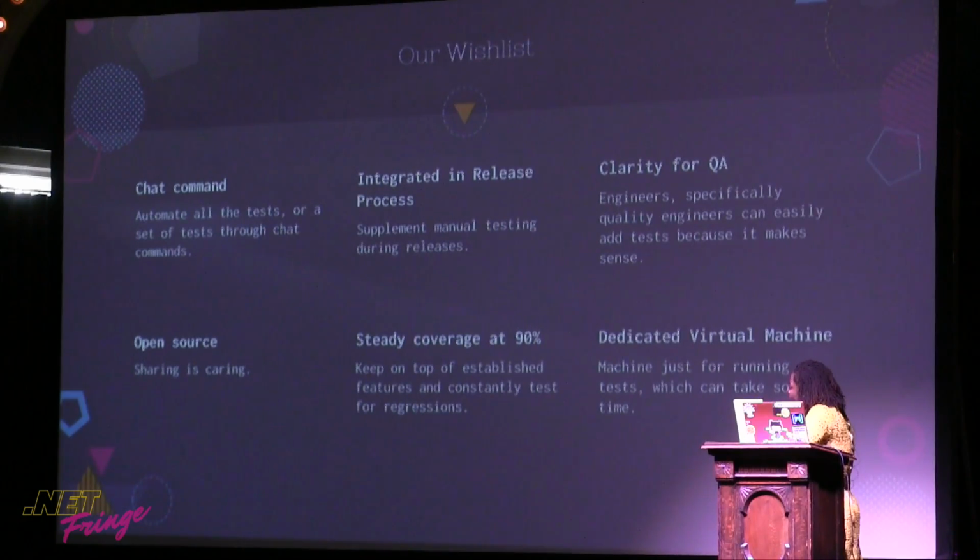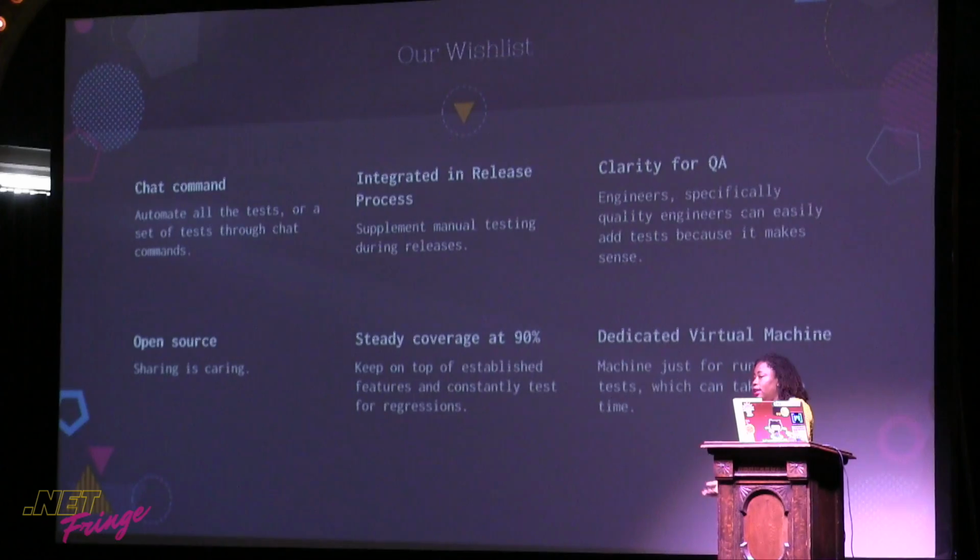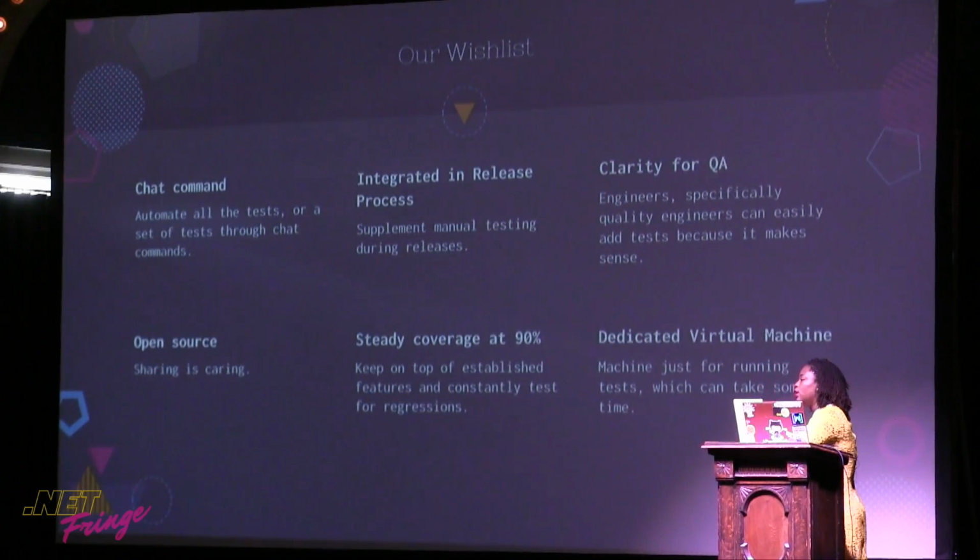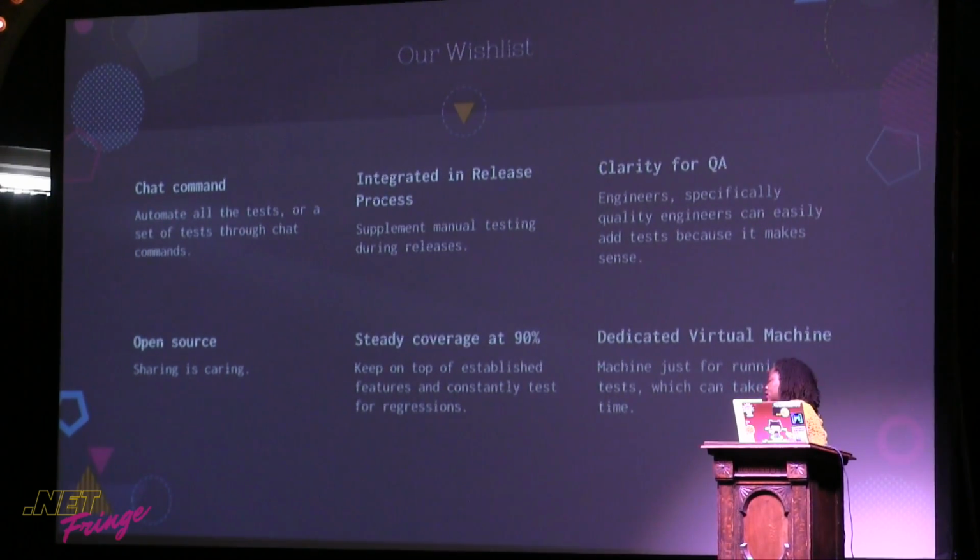Making sure that QA can write their own test cases, that it's clear enough for them to understand how to write them, and we would supply the backend or the framework if there's a feature that hasn't been automated yet. Making sure it's open source so that anybody else who is interested in it can check it out and help out.